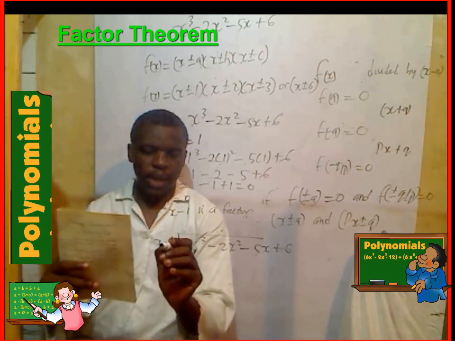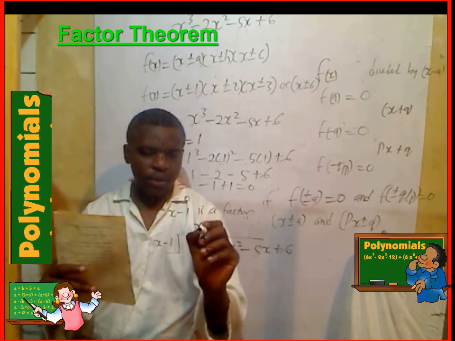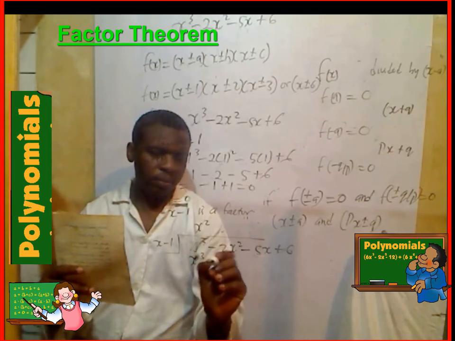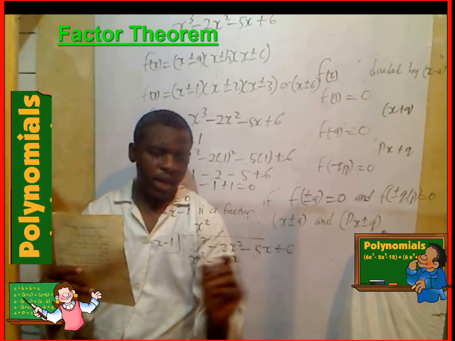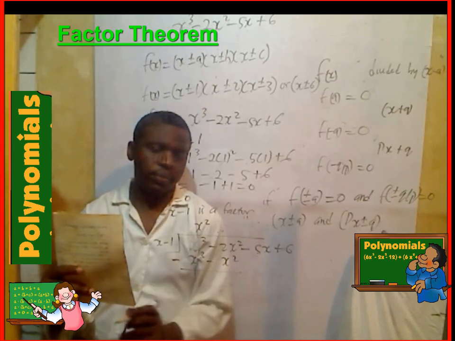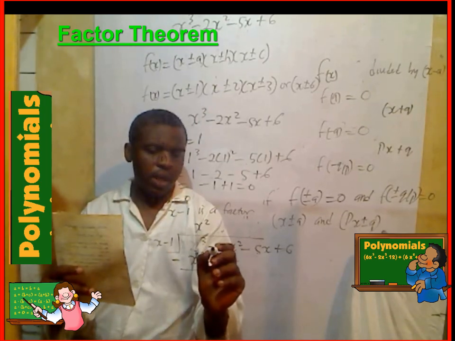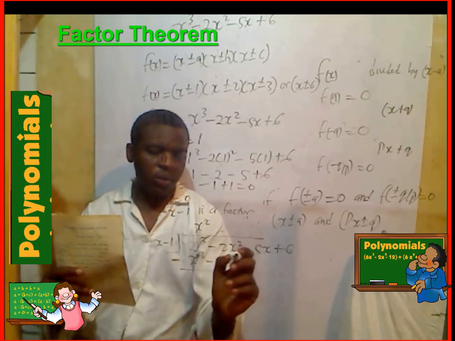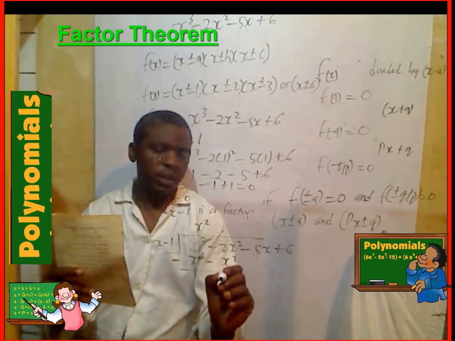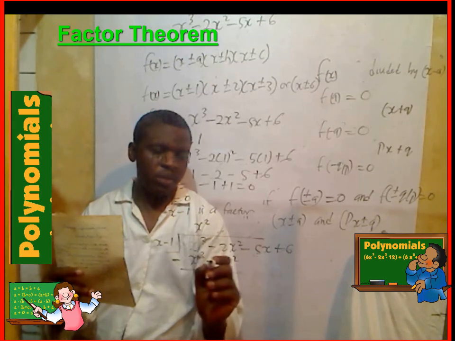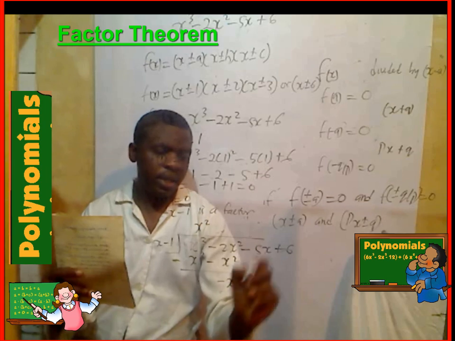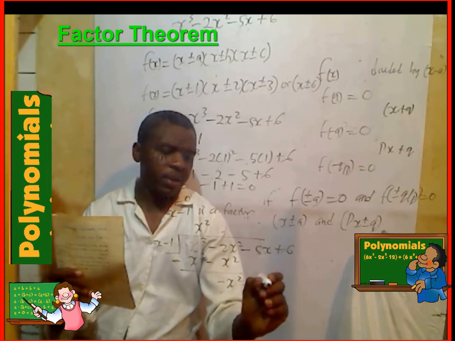Also, I multiply x to get x cubed. That will be x squared. This will be x cubed minus x squared. I subtract. Minus 2x squared minus x squared, but minus becomes plus, it gives me minus x squared, and bring down the other terms, minus 5x plus 6.